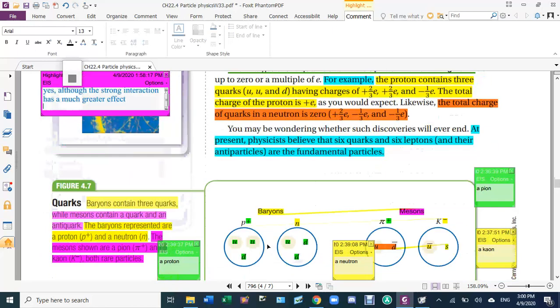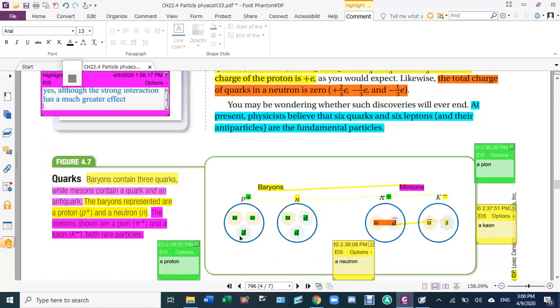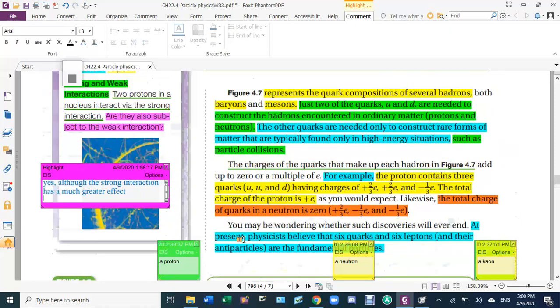Now the quark composition of several hadrons, baryons and mesons: just two of the quarks, u and d, up and down. Now just two of the quarks, u and d, are needed to construct the hadrons encountered in ordinary matter, proton and neutron.